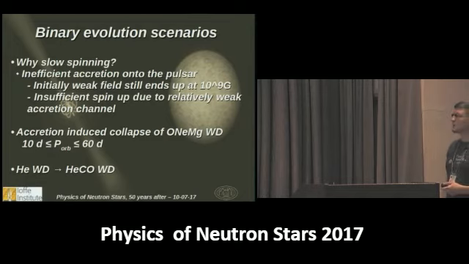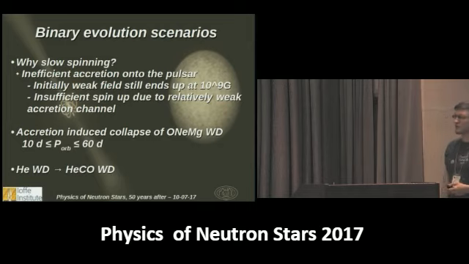Therefore, we think that there might be an inefficient accretion onto the pulsar such that the magnetic field can be initially weak and then still ends up to be normal, typical for pulsars, at 10 to the 9 Gauss. However, the accretion channel may be relatively weak such that the pulsar is not really spun up because of that. Other possible scenarios can be that there might be a different formation scenario.